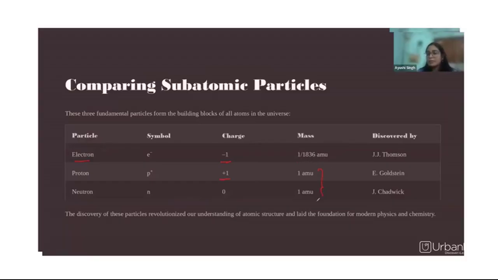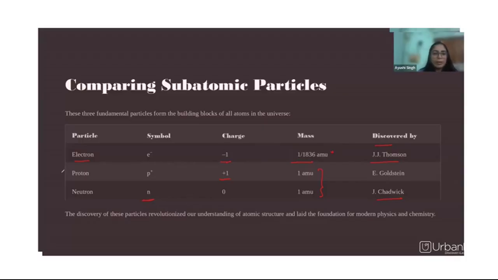For these two, the mass is same, right? But for electrons, it is almost 1 by 1836 times. So that is why electron mass is not considered. And you can see electrons are discovered by J.J. Thomson, protons by E. Goldstein, and neutrons by James Chadwick. Neutrons have symbol n and there is no charge here, zero charge.